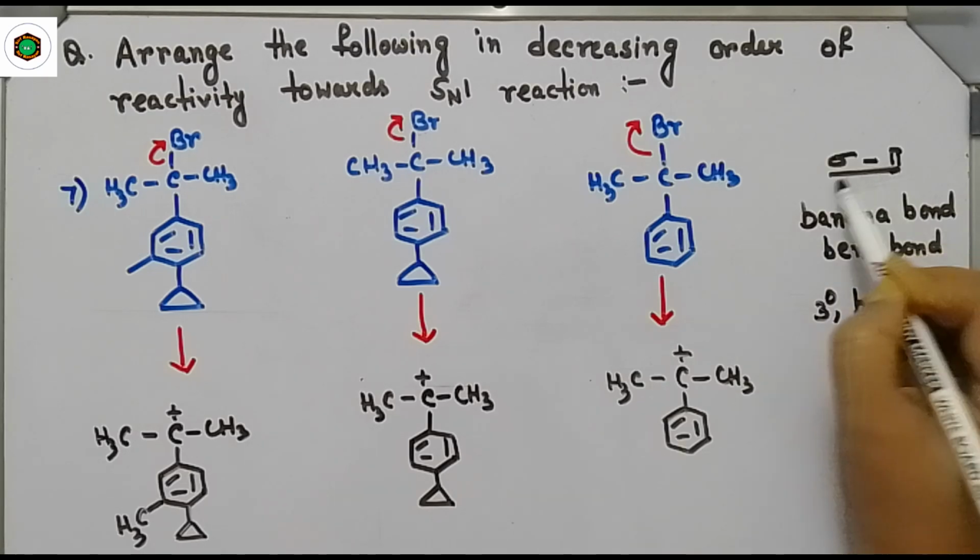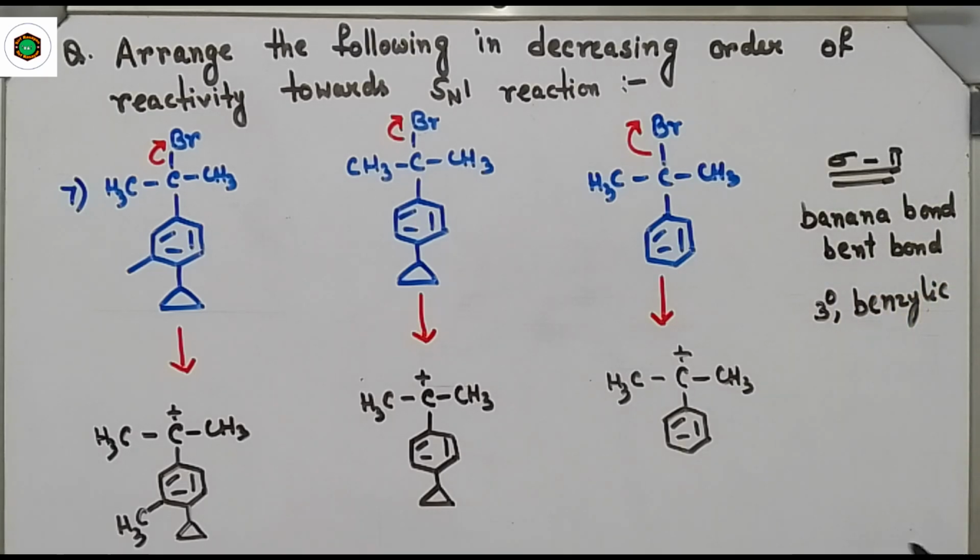This bond is intermediate between sigma and pi. So cyclopropane behaves like double bond compounds. So if here one double bond is there with respect to this carbocation, it is para. So conjugation will be there. Here also conjugation will be there, but here no cyclopropane ring. So due to this ring, no conjugation is here.